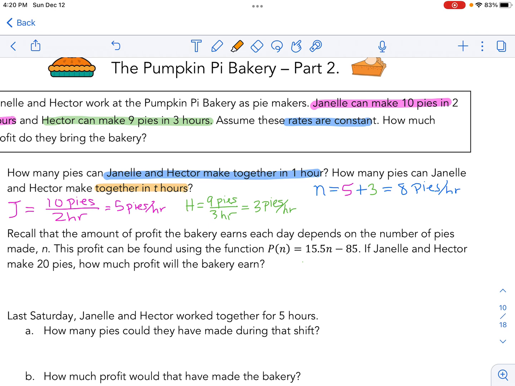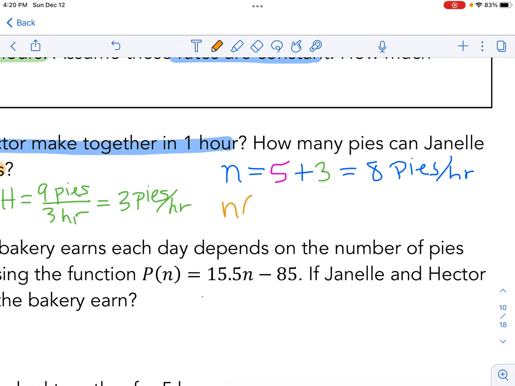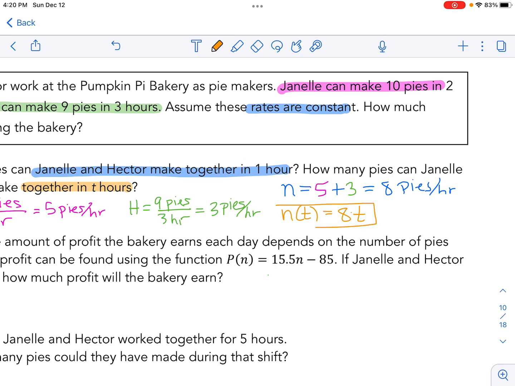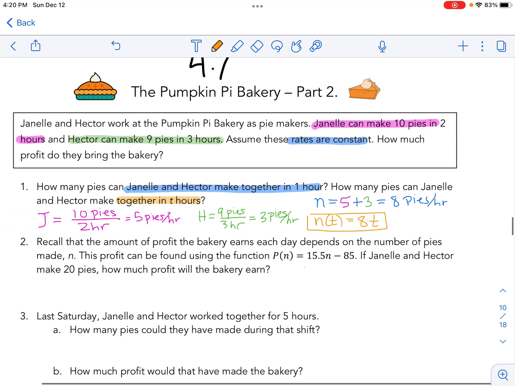So it says how many pies can Janelle and Hector make together in T hours. So we can generalize that expression to say that the total number of pies in T hours is going to be the rate, which is 8 times T. And that is what we can use to find how many total pies they can make over the course of a day or a month or a year, as long as we know how many hours they work together.